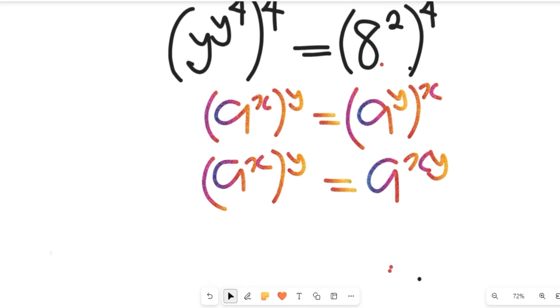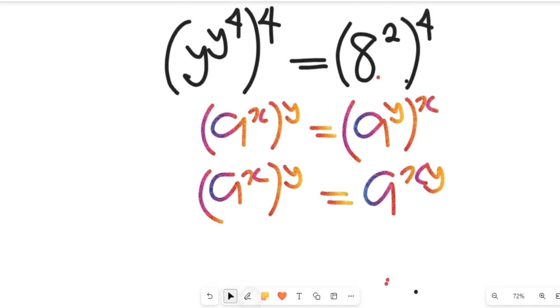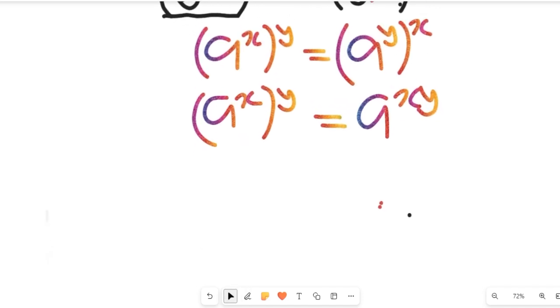Now let's get started. Now to use the first law, you will come to see that this power will now come to be with y, and this whole expression will now go out of the bracket. Now let's do that.